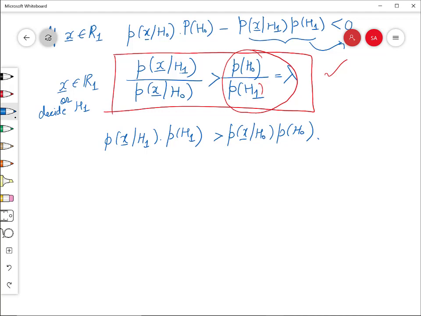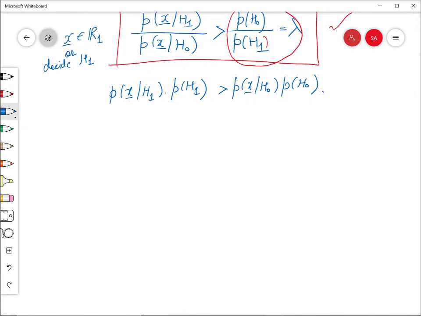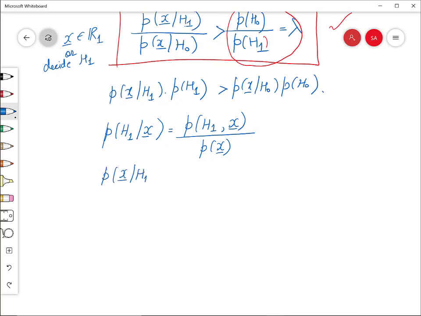Now you see that I can use the Bayes theorem here. I can write probability of h1 given x as probability of h1 comma x, or the intersection of h1 and x, divided by probability of x, and I can write probability of x given h1 as, again the same thing, probability of h1 comma x divided by probability of h1.